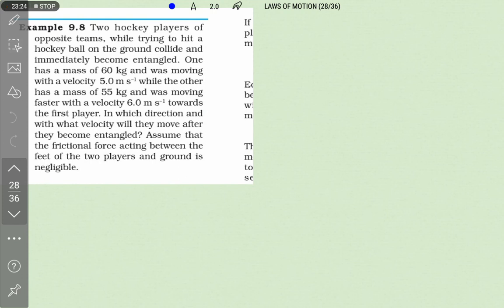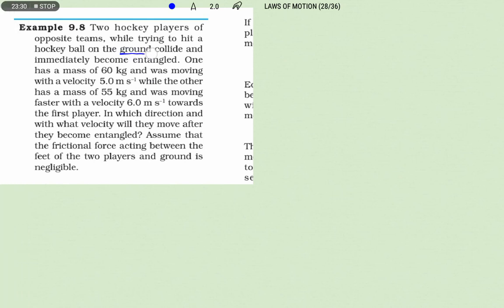So two hockey players of opposite teams, while trying to hit the hockey ball on the ground, collide and immediately become entangled. One has a mass of 60 kg.